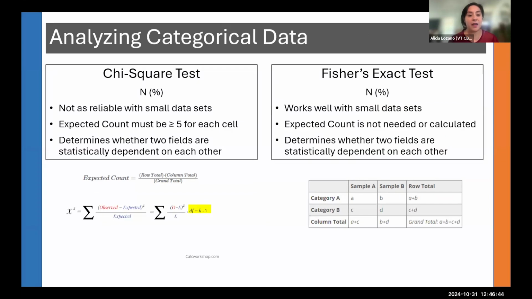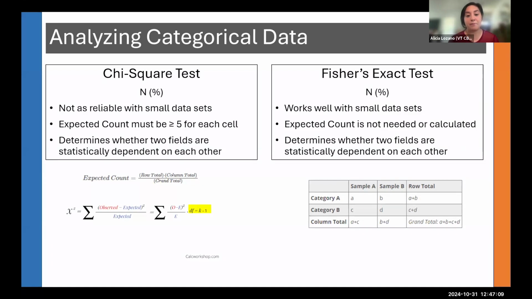So in terms of analyzing two categorical variables at a time, you really have two options, and the options depend on your sample size as well as the expected counts for each of the cells. Fisher's exact tests generally work better for small data sets, small cells.